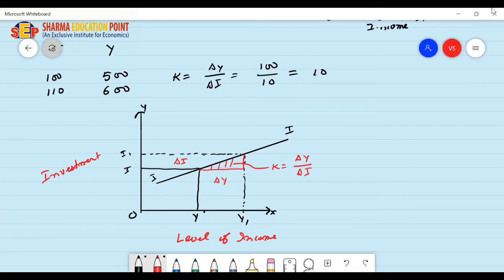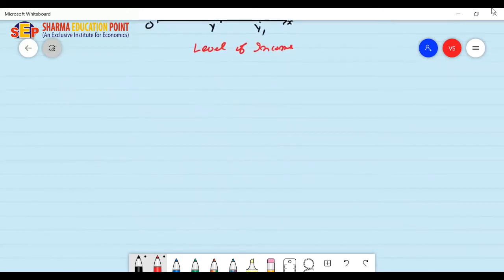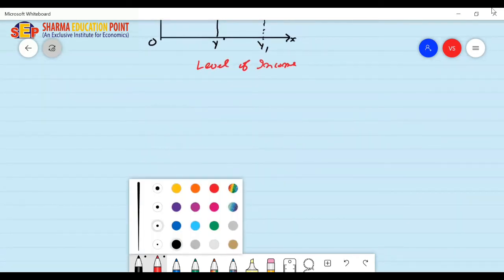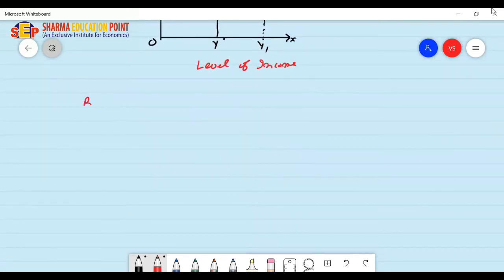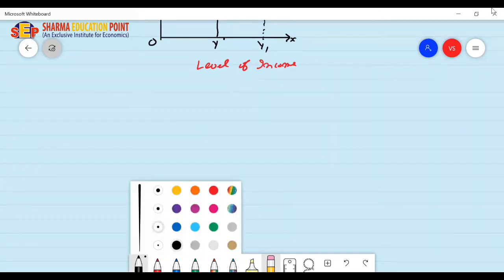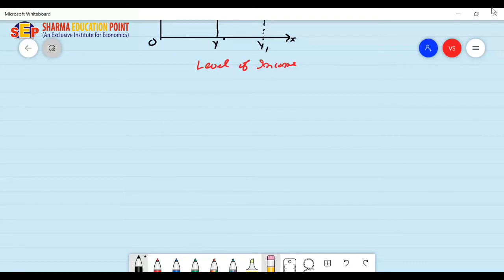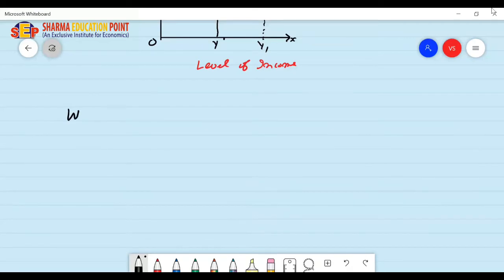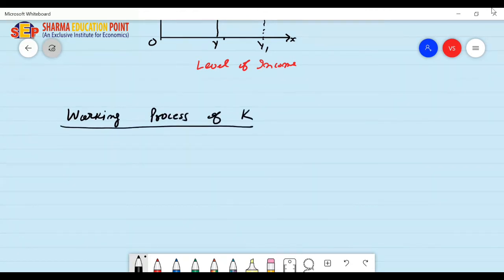Now I am explaining the relationship between multiplier and K. But before the relationship, I will have to explain the working process of investment multiplier. The working process of multiplier is the most important concept.